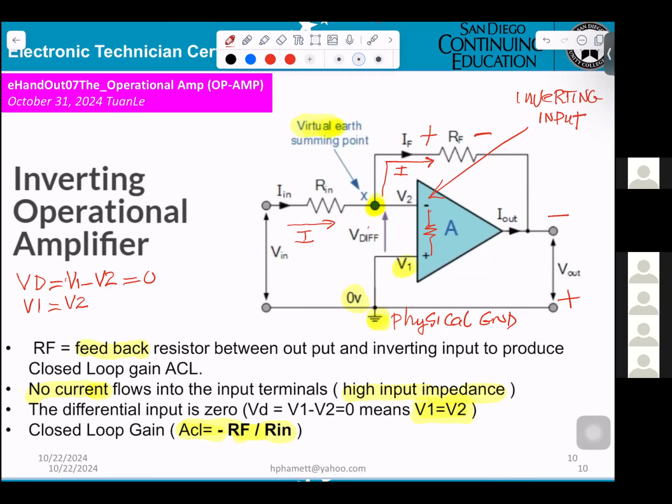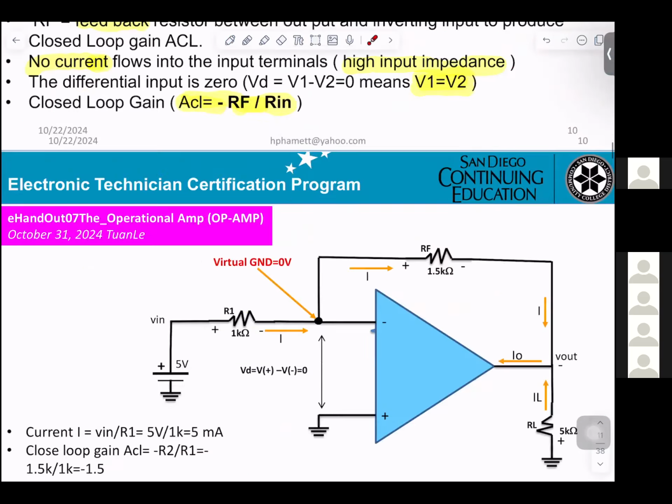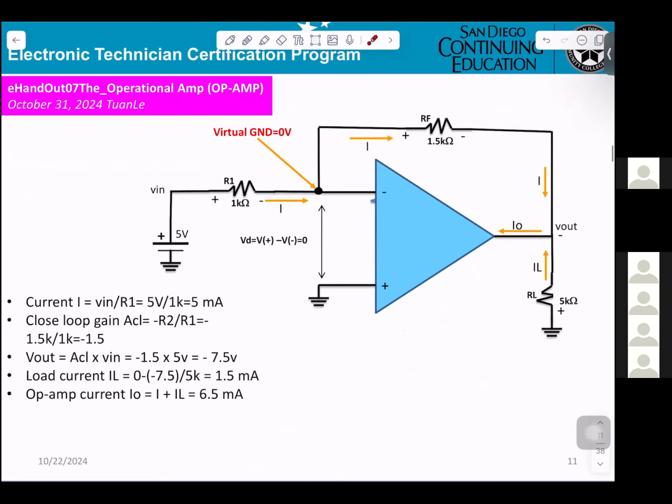So again, if the input is applied to the negative input of the amp, that will be inverting. If the input is applied to the positive input of the amp, that will be non-inverting. Okay, let's see. Now we go more.